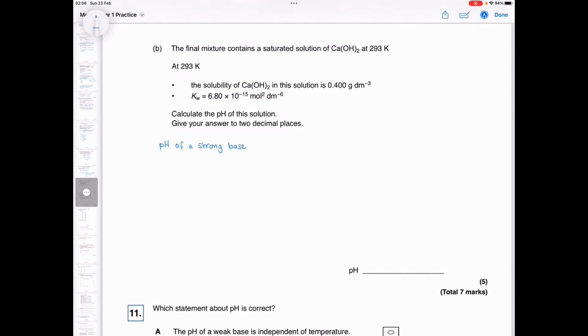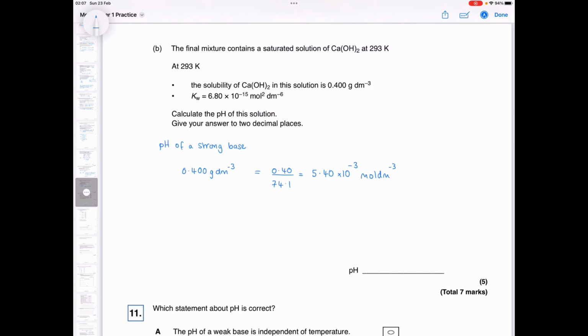So the final mixture contains a saturated solution. What we know we've got is 0.4 grams per decimetre cubed. And we can calculate the number of moles, which is 0.4 divided by 74.1, which is 5.40 times 10 to the minus 3 moles per decimetre cubed.